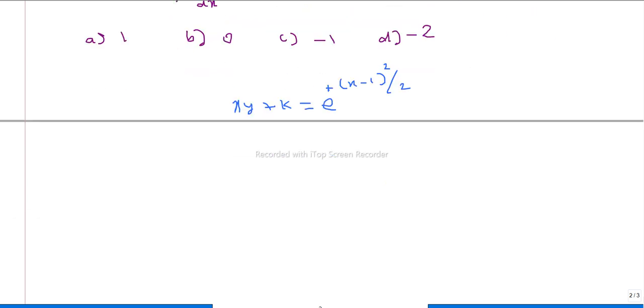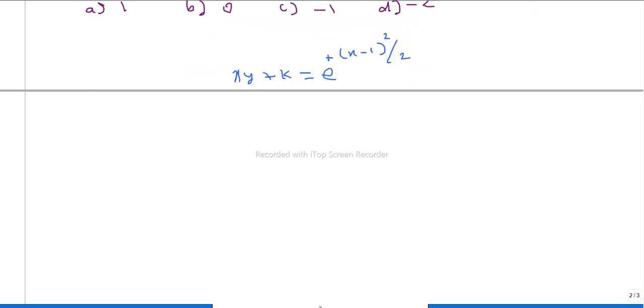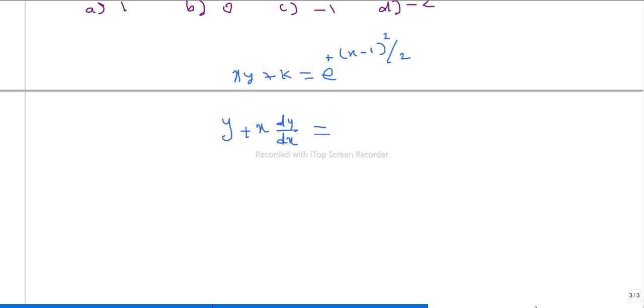If we differentiate this with respect to x, if you fix y and differentiate x, we will get y; if you fix x and differentiate y, we get x dy by dx. The derivative of k is 0 because k is constant, and this equals the derivative of e power the same thing, but we also differentiate the power, so 2 times (x minus 1), the 2 cancels, and we have x minus 1.